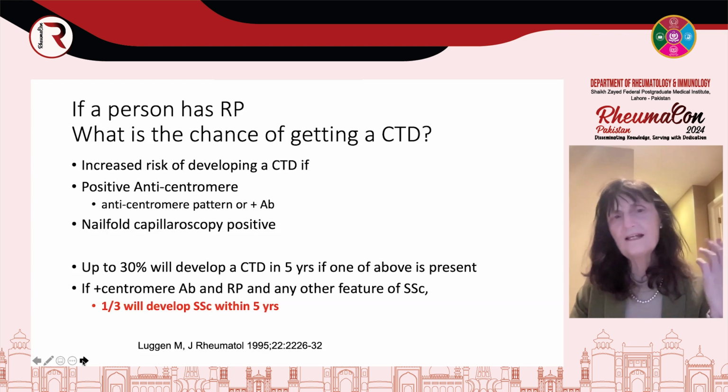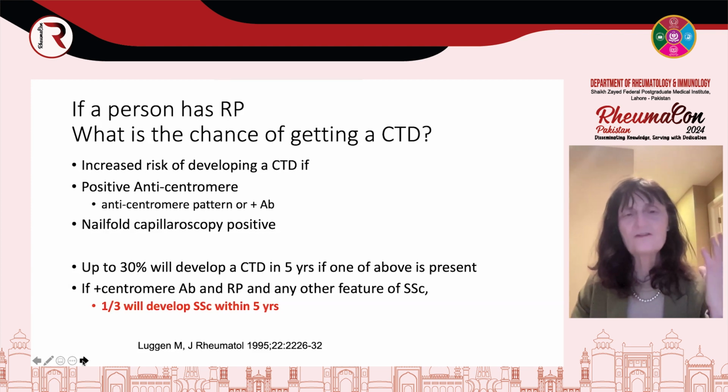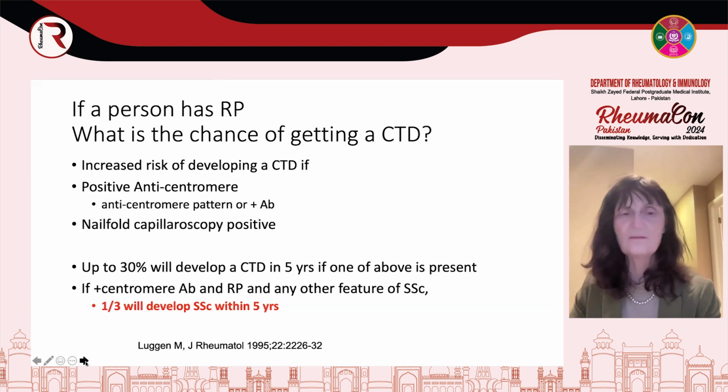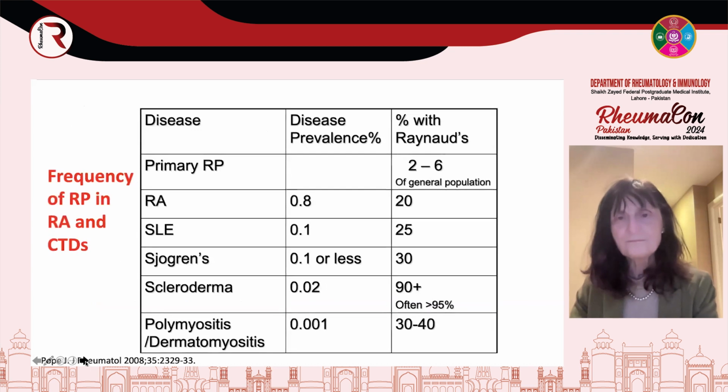So if someone has either a positive ANA centromere pattern or abnormal nail fold capillaries, 1 in 3 will have connective tissue disease within 5 years. And especially if it's centromere positive, 1 in 3 will have limited cutaneous systemic sclerosis over the next 5 years. So that's why we need to look at who we investigate and who we don't. And Raynaud's is common in our diseases.